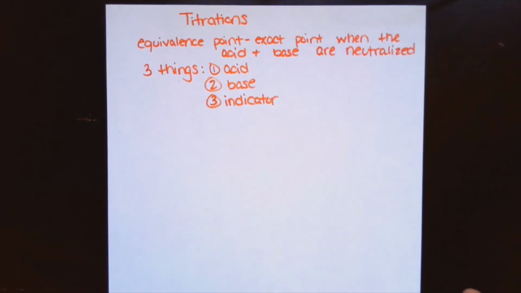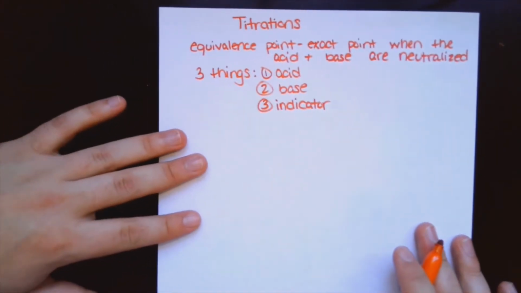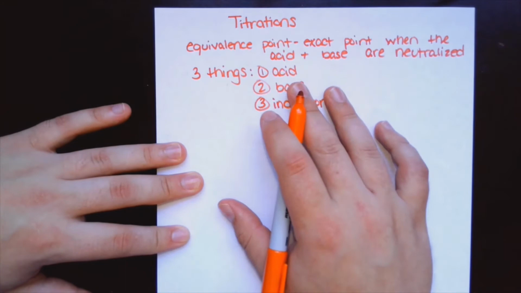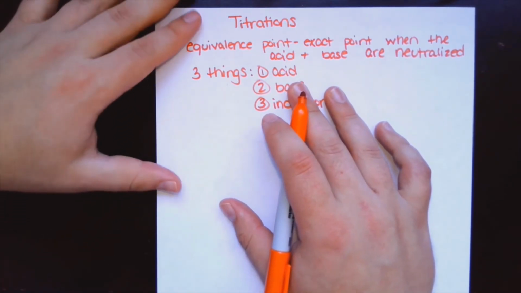Now, you'll see some word problems with titration reactions, and you'll have to do some math to figure out a concentration of either the acid or the base. I'm going to do one right now, and they'll basically all follow this same basic format.